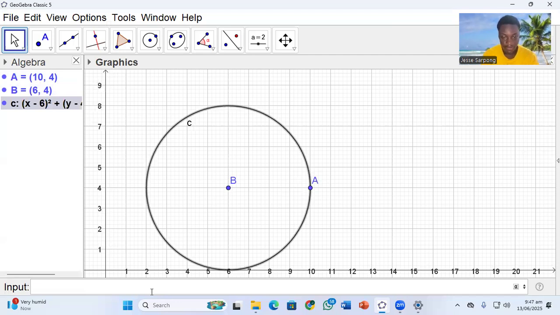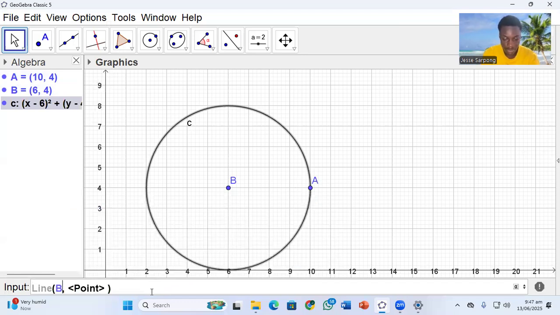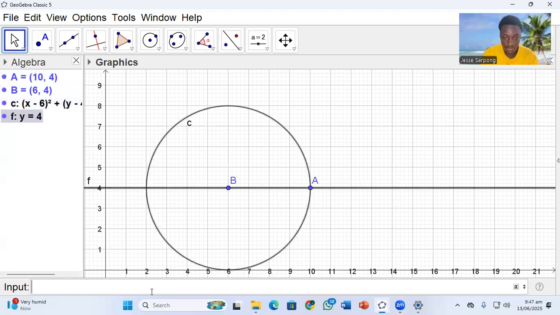Now what we do is we construct a line through the points B and A. Then we construct a point beside the point B on the same line.